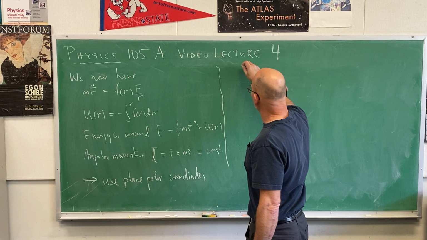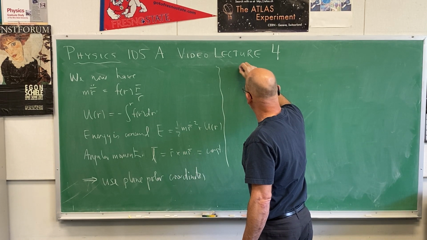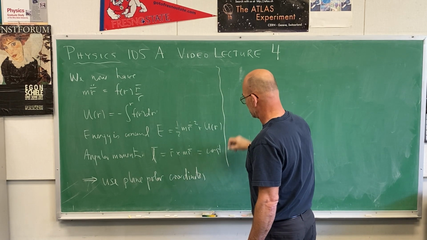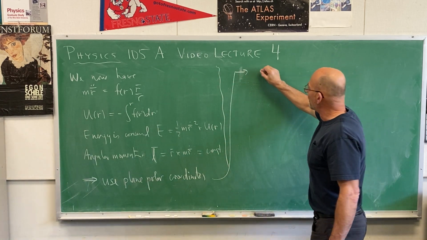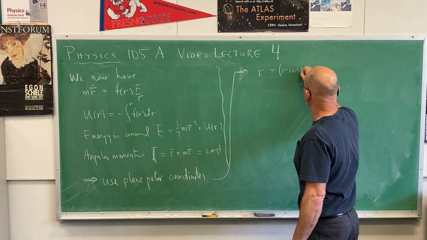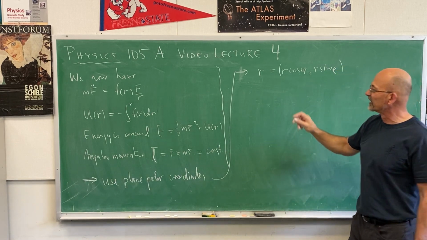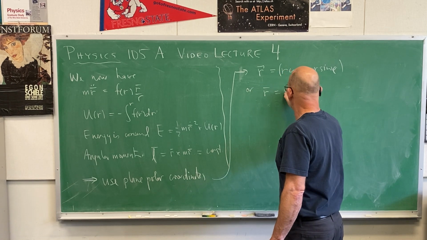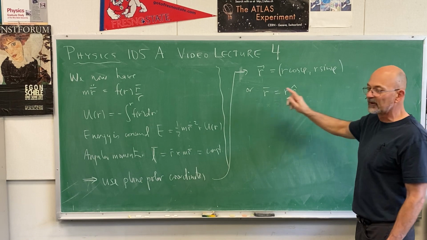Now, what did we have with our plane polar coordinates? The vector r is equal to r cos phi, r sin phi. But we had a more compact notation. That was a vector. We've already done all this work. You may want to go review it.